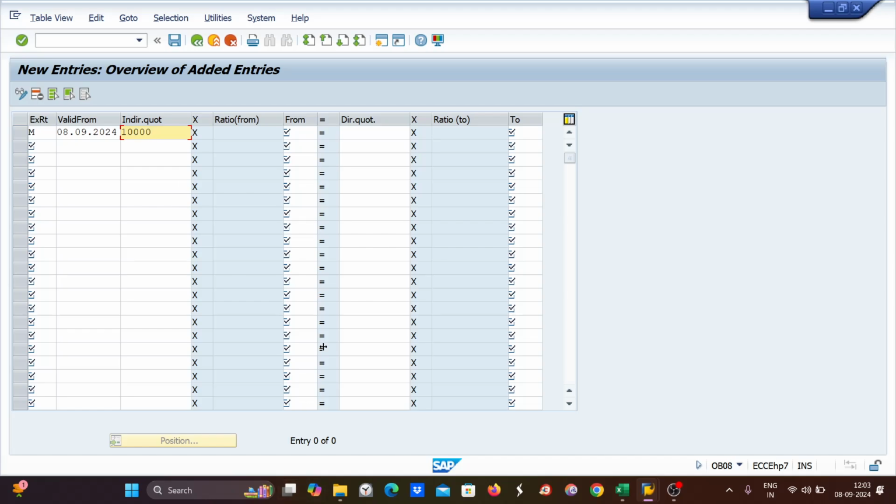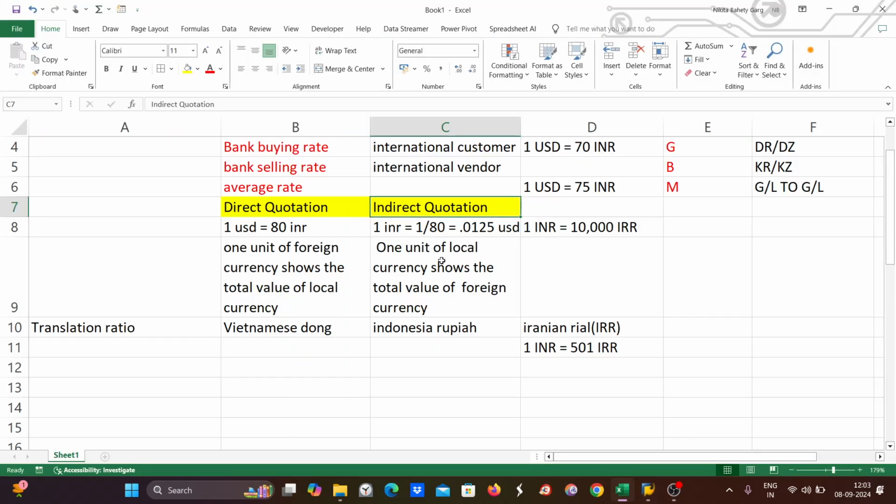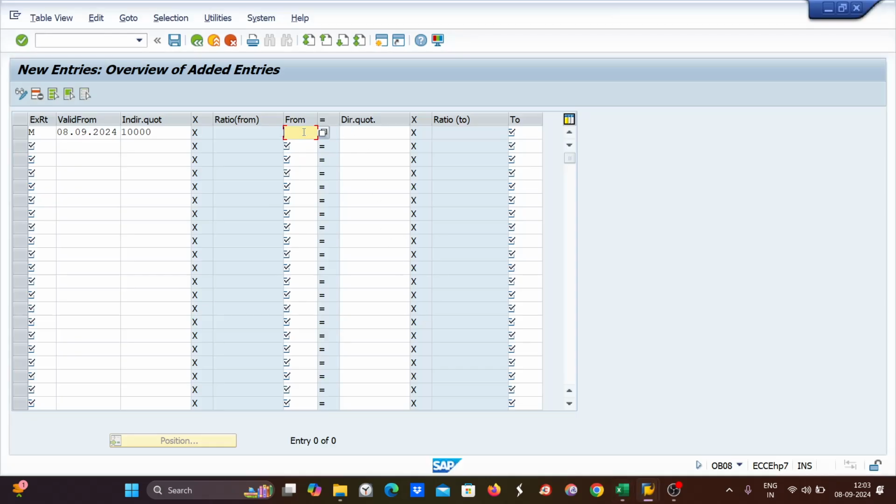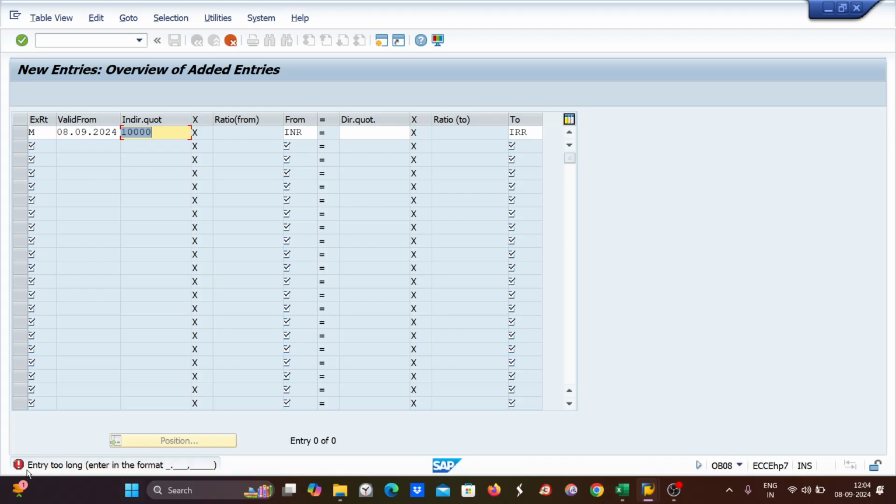Now from, because 1 unit of local currency shows the total value of foreign currency, from local currency INR to IRR. And now you see it will show an error. Just press enter. Can you see here? Entry too long. What does it mean?